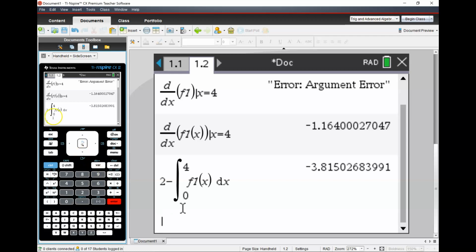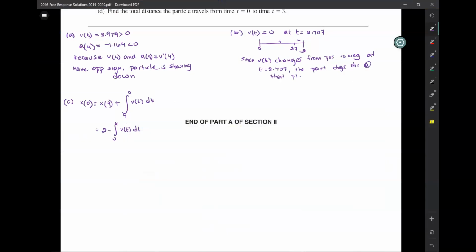The 2, that's the starting position. It's not add. They give us that, and you work backwards from that. So hang on, this is negative 3.815.